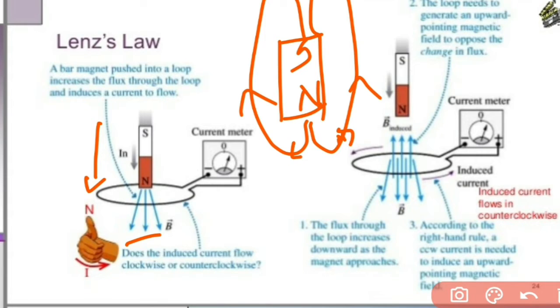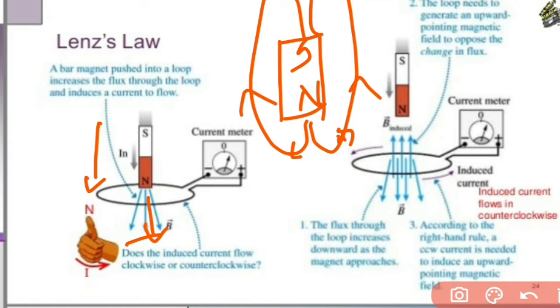So the induced current, according to Lenz's law, should oppose the change which produced it. Here, the change is the increase in magnetic flux in this direction. So the induced current should produce a magnetic field which decreases the magnetic field in this direction.